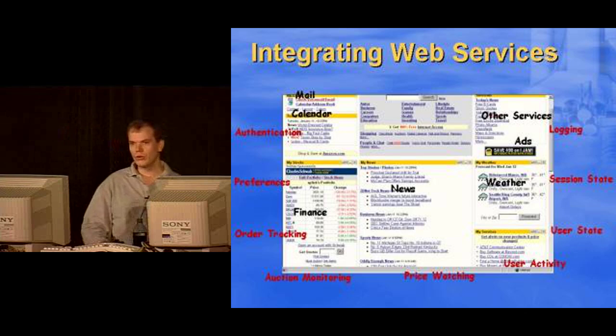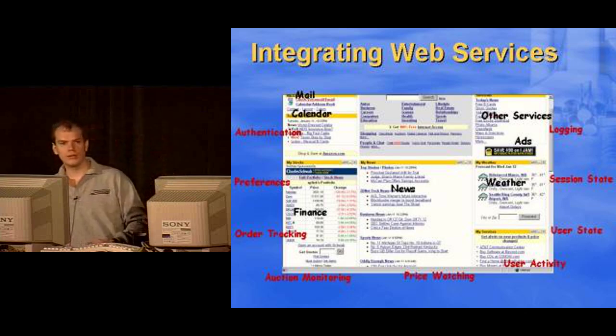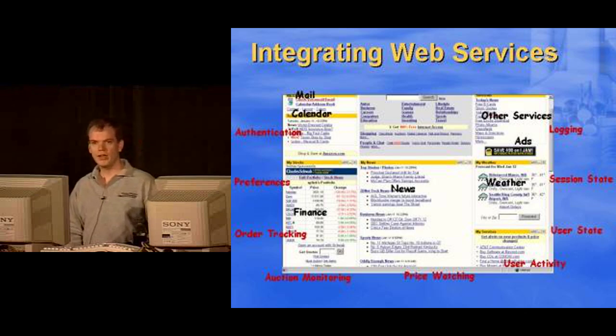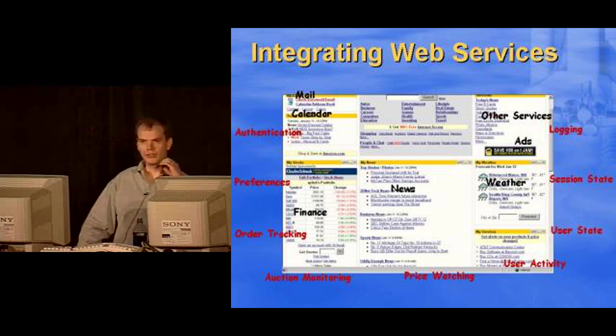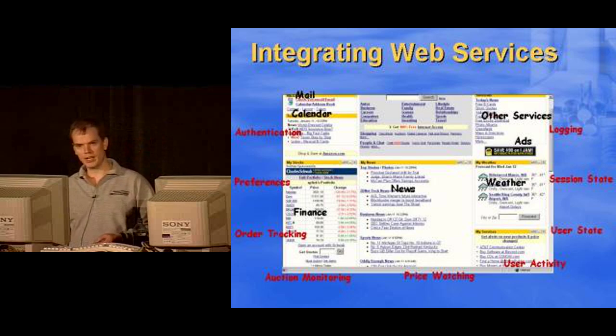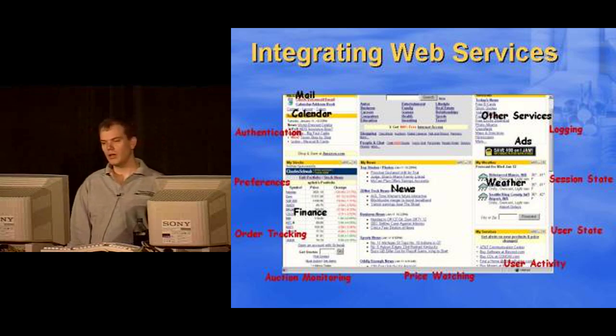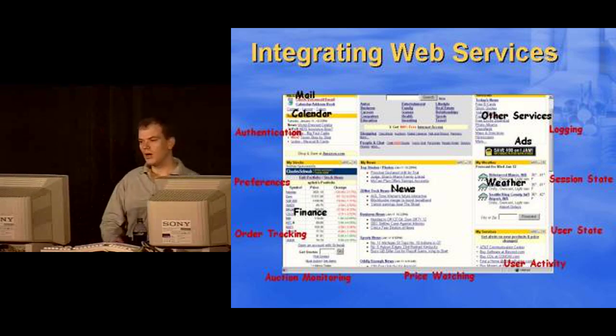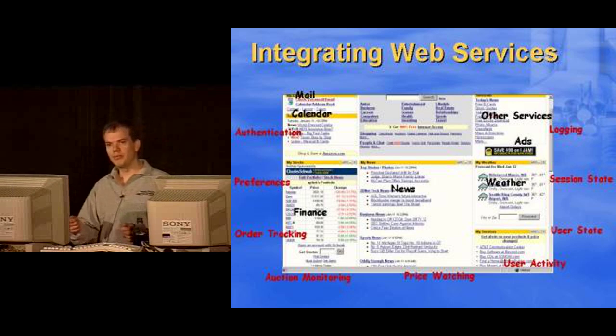If you actually look at any portal today, these portals are actually made up of tons of web services. There's mail, a calendar, financial information, news. You can read the stuff on the screen as easily as I can. Now, what's interesting here is that a Yahoo or an MSN would have to build a lot of this infrastructure itself.